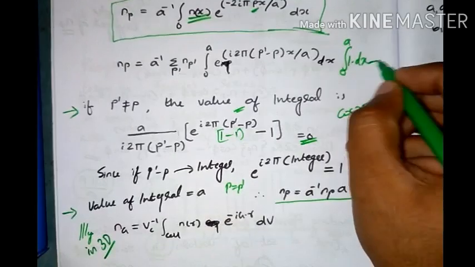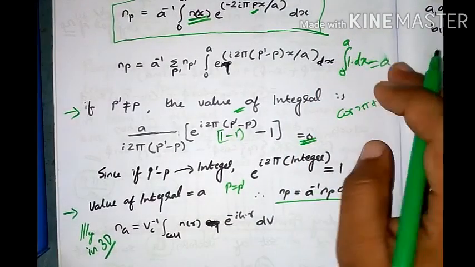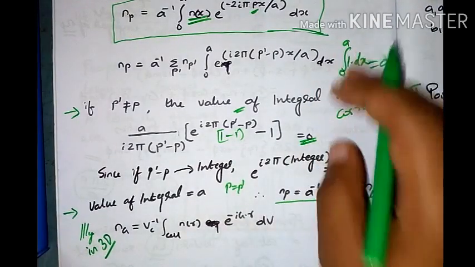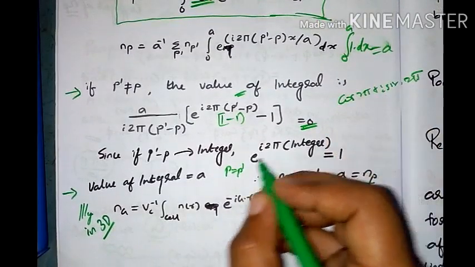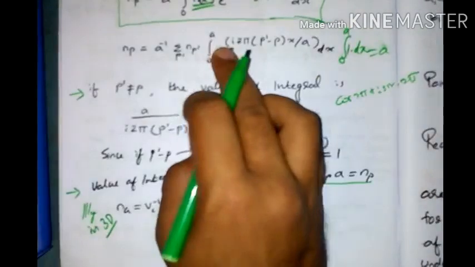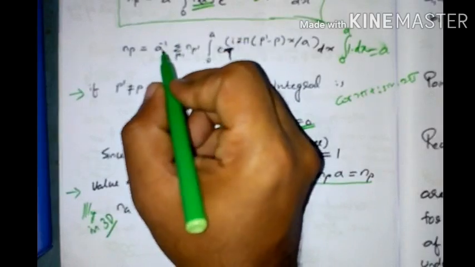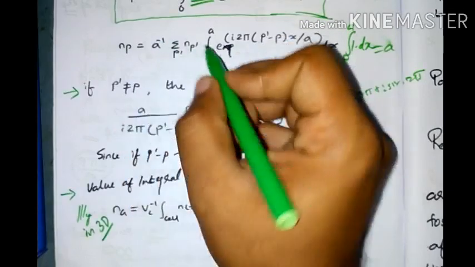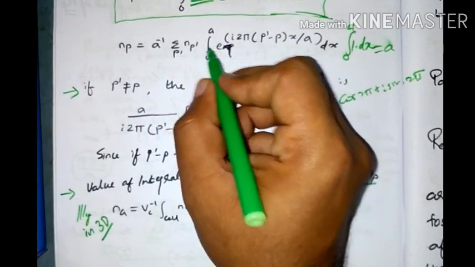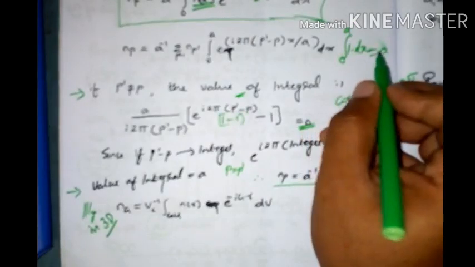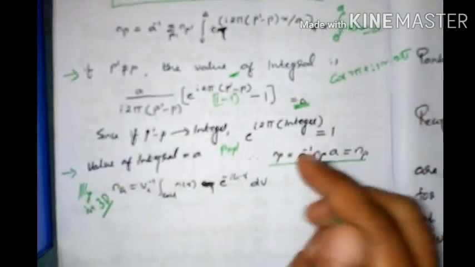Then we get it equal to a. In doing this integration we get a, and substituting back into this equation, we will get a inverse n_p dash into a. Okay, that's what we have written here.